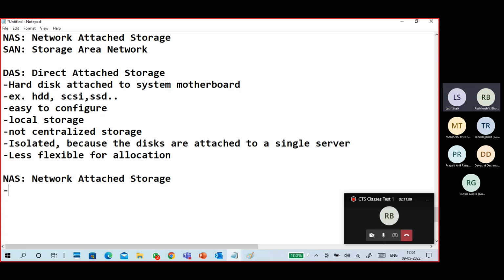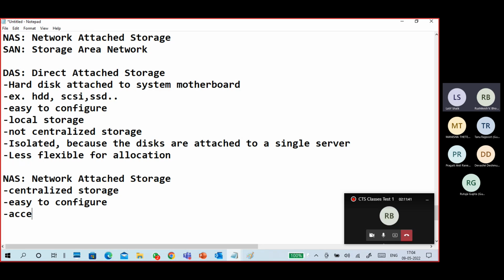It is a centralized storage, easy to configure, of course.